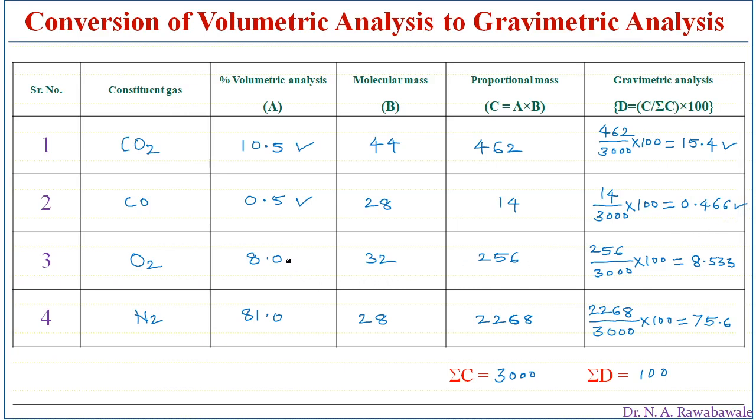Oxygen present in the flue gas is 8%, whereas on mass basis oxygen is 8.533%. Nitrogen present in the flue gases on volumetric basis is 81%, whereas on mass basis it is 75.6%. So this is how we convert volumetric analysis to gravimetric analysis or mass analysis.